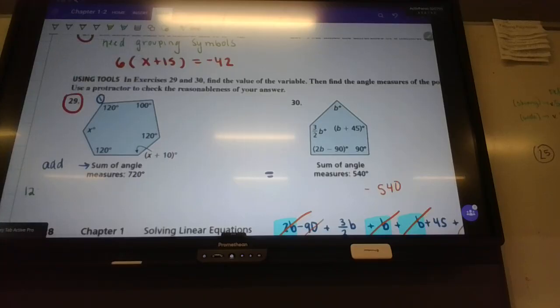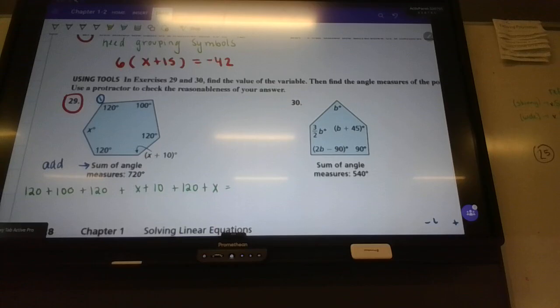So 120 plus 100 plus 120 plus x. Whoa. I added a 0. 120 plus x plus 10 plus 120 plus x equals 720. Nice.